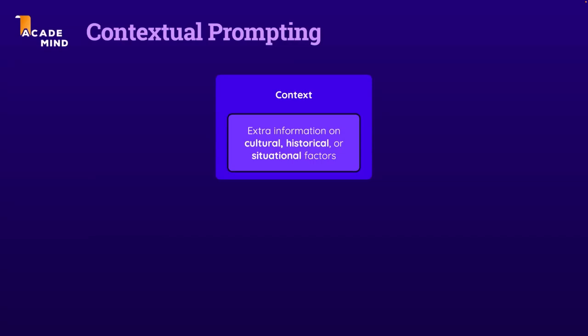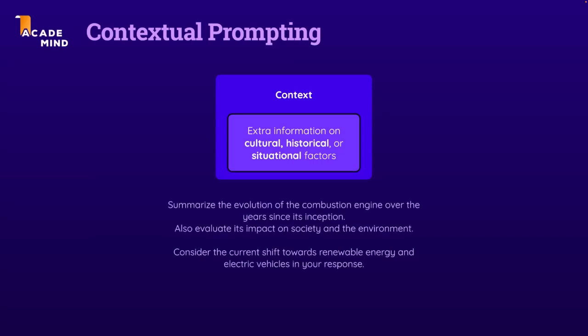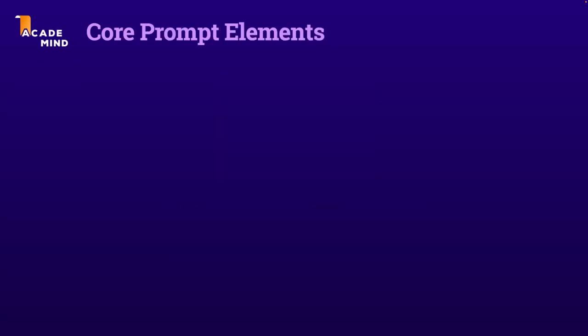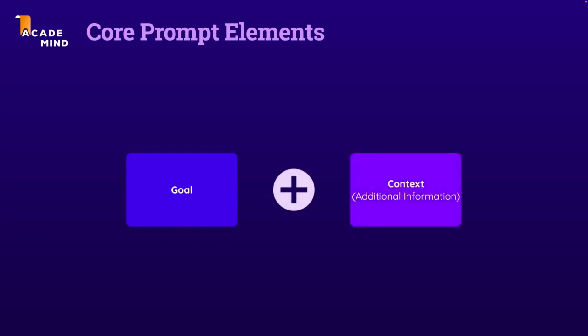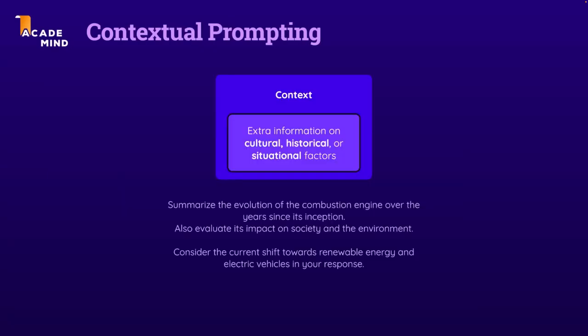So in the end, contextual prompting is, of course, still only about adding extra information, about setting the context of the prompt. And it therefore still comes down to these two core elements where you have a goal and you then add this extra context, this extra additional information, but it's a specific kind of extra information which is easy to overlook or which you might not always think about, but which can make certain responses for certain prompts way better.